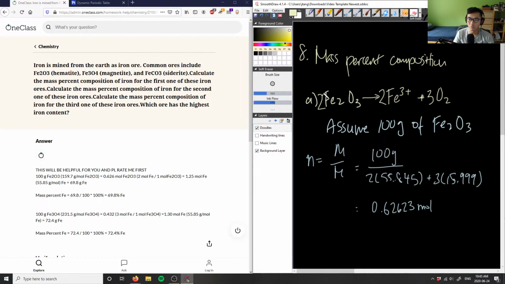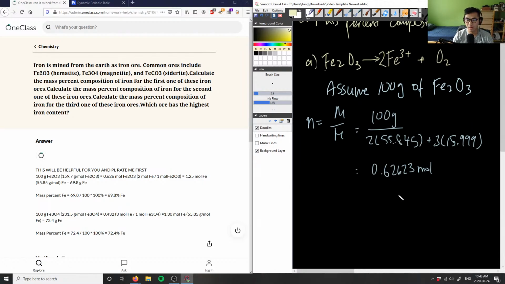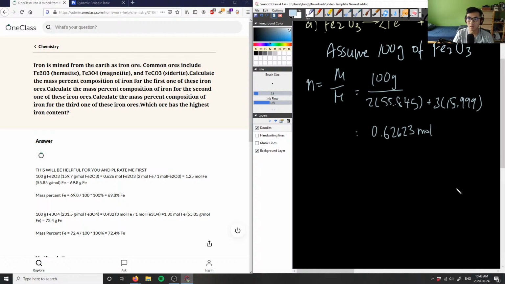But again, we don't really care about balancing here. We care about simply just the iron coefficient here, because it's not asking us for oxygen. So we can say it's a 1:2 ratio here. So we're going to have to multiply this mole ratio by 2 to give us our moles of iron.